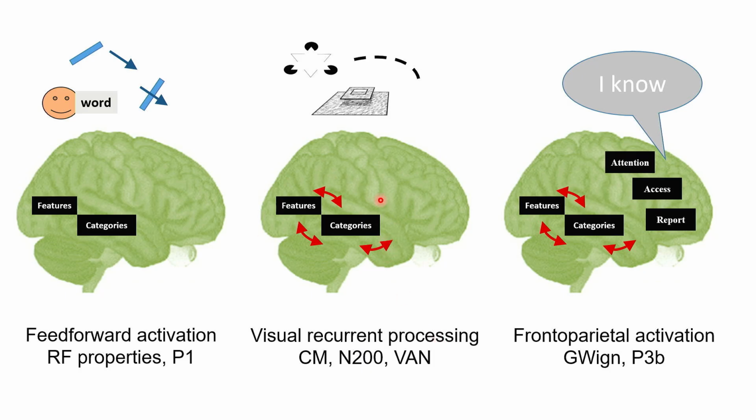Those fall more or less in the same category of being neural markers of the recurrent interactions between all these visual regions, which give you the perceptual organization and stuff like that. And then, of course, we have the frontoparietal activation, the global workspace ignition, the P3b, which gives you higher level cognitive processes like attention, access, and report. But in essence, it gives you the fact that you know what's going on there in the visual cortex.